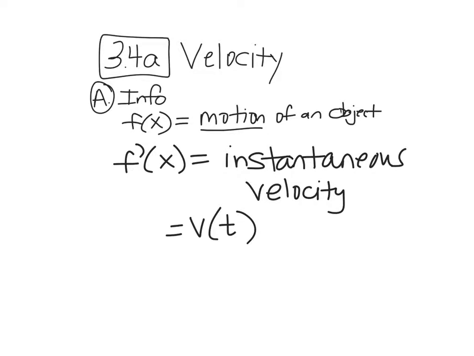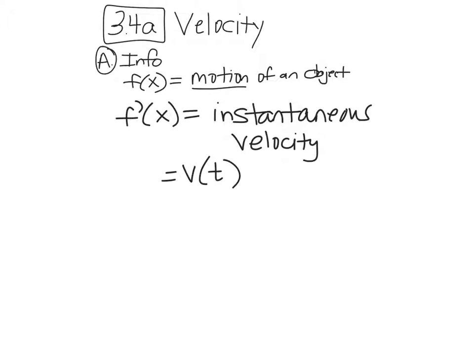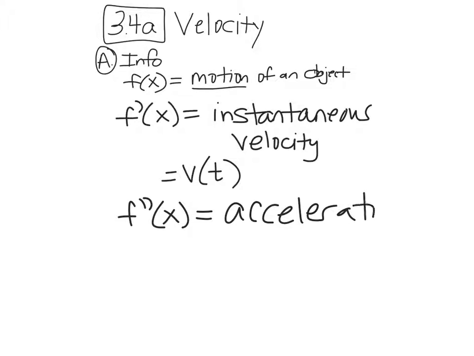All right. Then you take the second derivative. And when you take the second derivative, see, what happens is the first derivative is the change in the motion, which is the speed of it. The second derivative is the change of the speed. And the change in speed is acceleration. And we call this v prime of t, right?